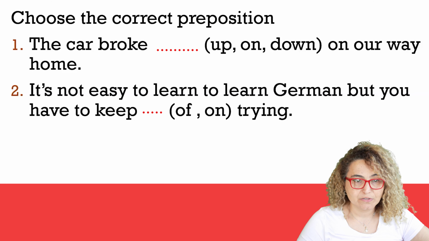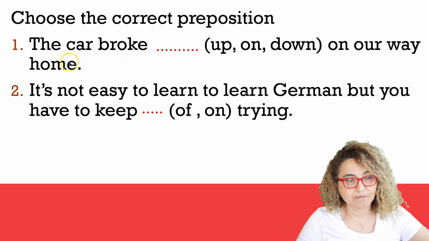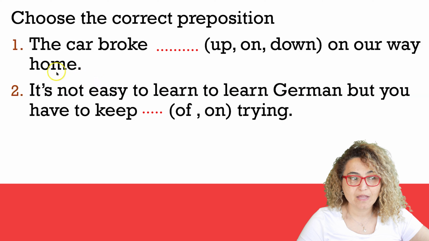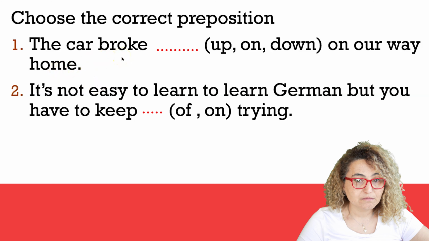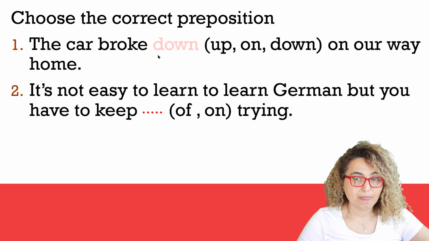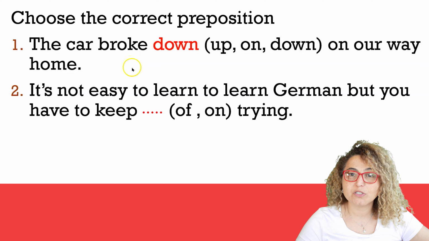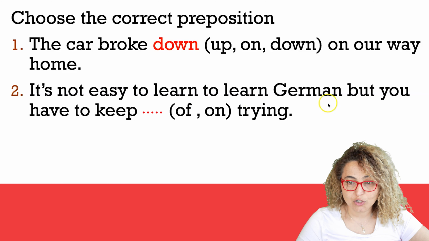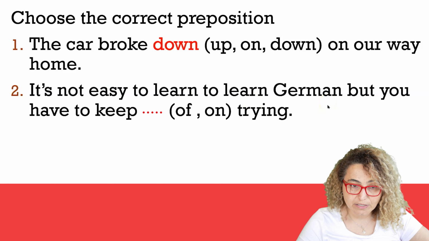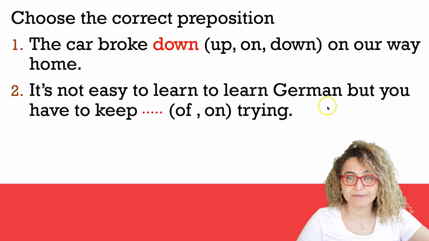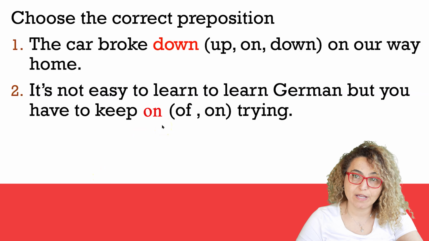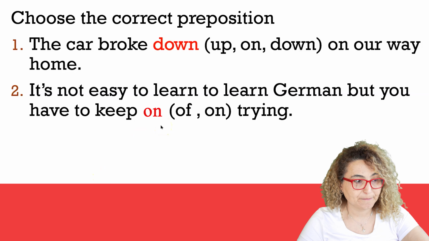Choose the correct preposition. So with break, what do we use? The car broke blank on our way home. So the car broke up, on, or down? It stopped working, right? So the car broke down on our way home. It's not easy to learn German, but you have to keep blank trying. Keep on trying. Don't give up.